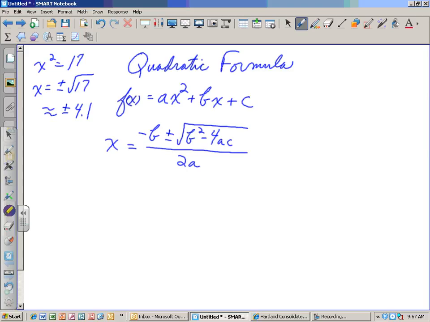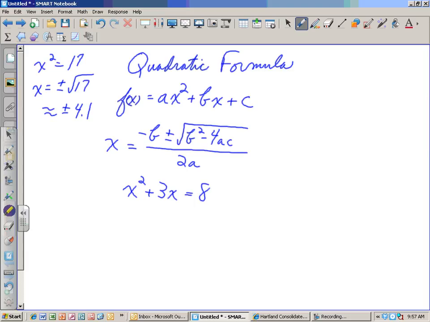So let's take an example here. Let's say that we have an equation that looks like x squared plus 3x equals 8. All right? That's our equation. We want to find out where it crosses the x-axis. Now, I could complete the square.